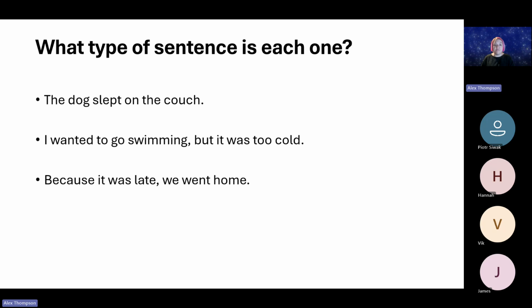It makes sense. Because it was late, we need further information for that to be grammatically correct. Because it was late, we went home. So they're giving the reason why they went home. So they're actually in order of the way that we've gone through them. The first one is simple. The second is compound. The third is complex.